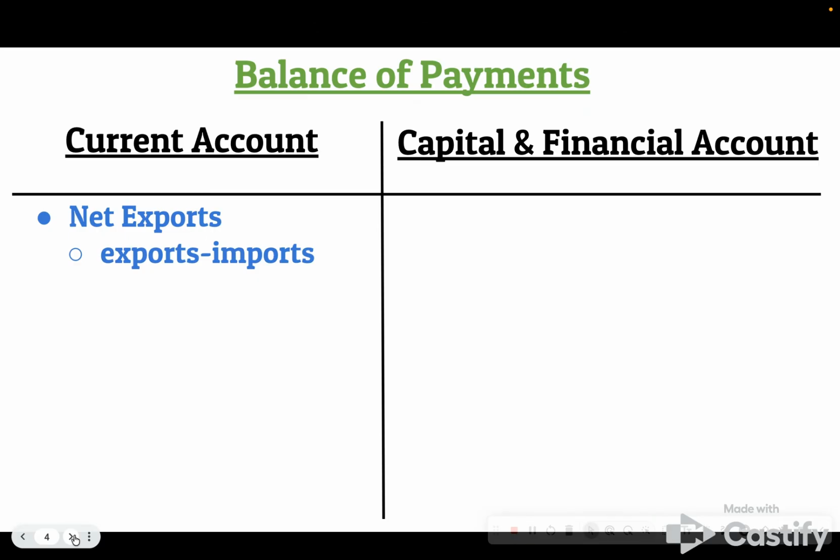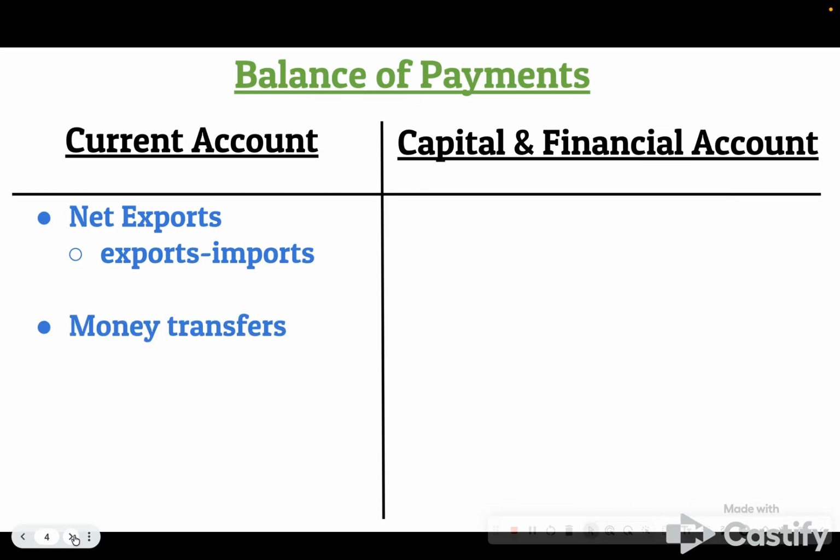How much money are we earning from our exports, subtracting the amount of money that we are losing from imports? And this number can be a negative number or a positive number, and it reflects our trade balance. So if we are exporting more than we're importing, then we would have a trade surplus, and vice versa. If we are importing more than we're exporting, we would have what's called a trade deficit.